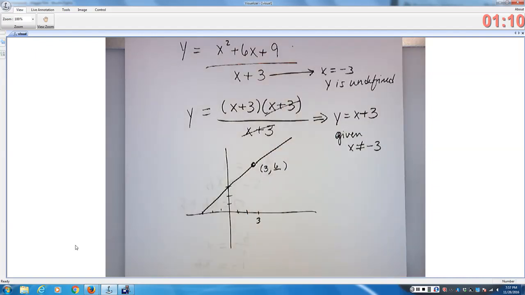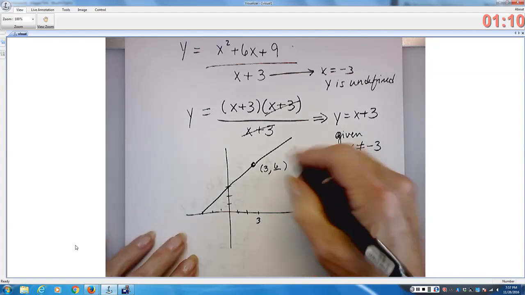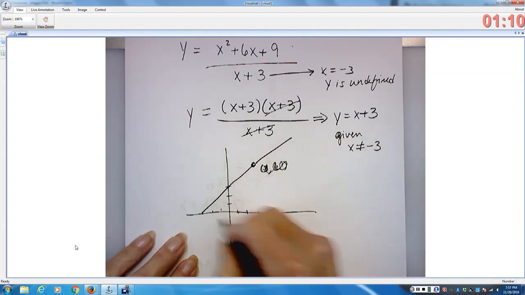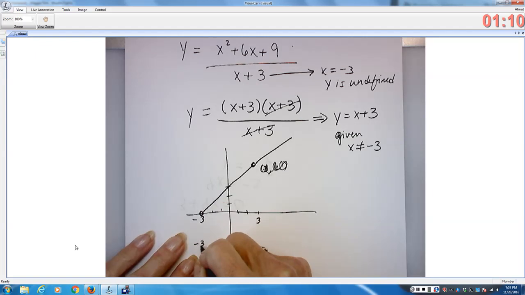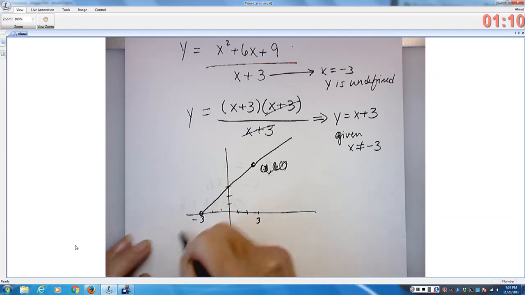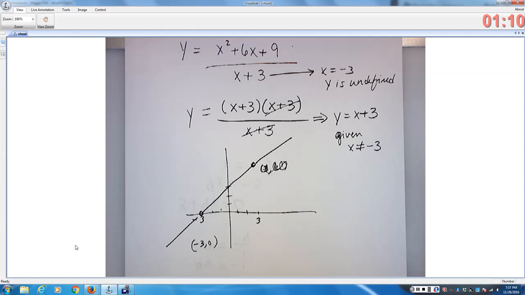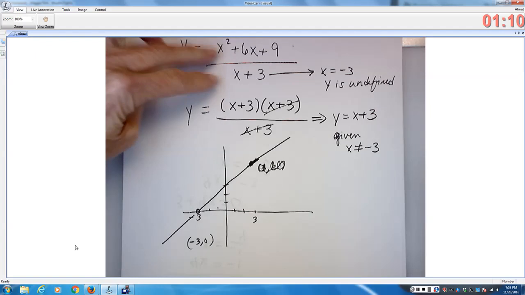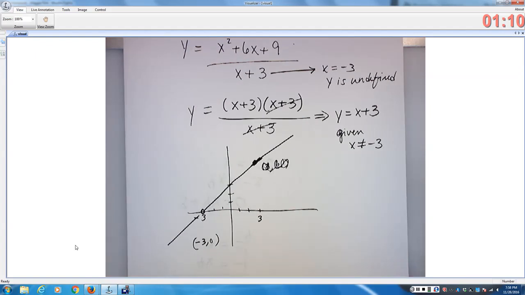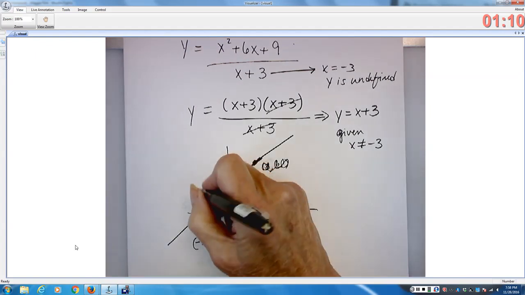Because, no, I actually did that wrong too, I'm sorry. Because it's for -3. So the hole's gonna be right there. So it actually does exist there, but it doesn't exist at -3, 0. There's no way to get this to turn into 0 in this form. That's considered a hole in the function. That's actually what that's called, is a hole.